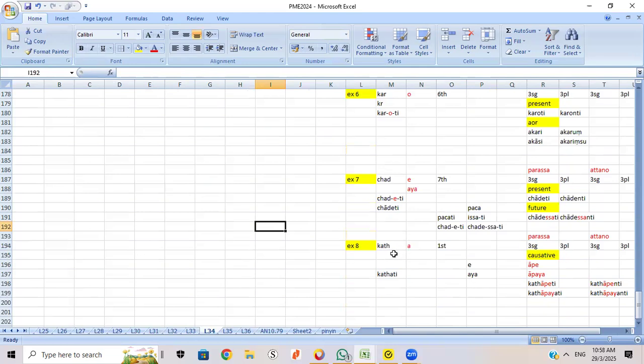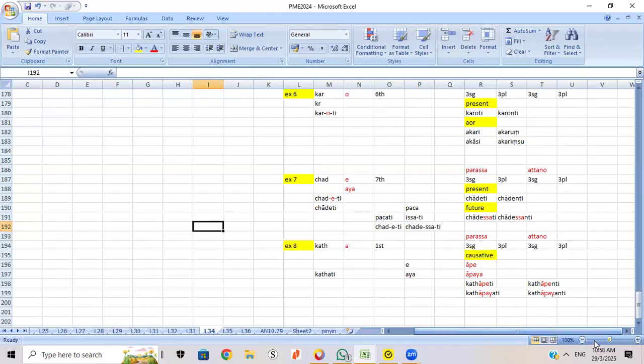This is a cut plus R. The verb is katati, third person. So your causative, just now I told you, there are how many forms? 4. 4 here. So if 4 or 2.